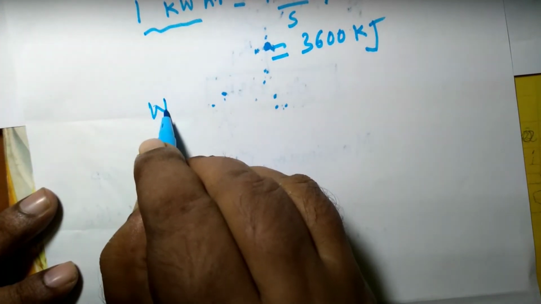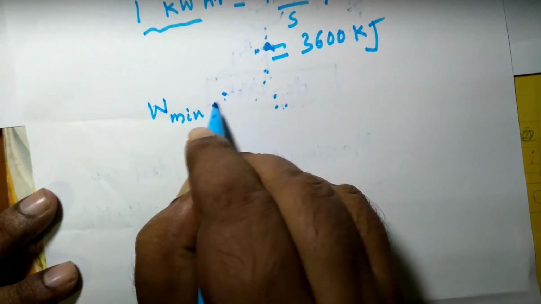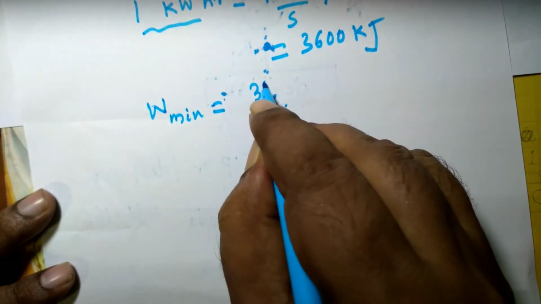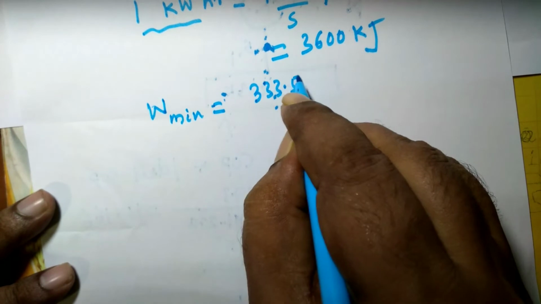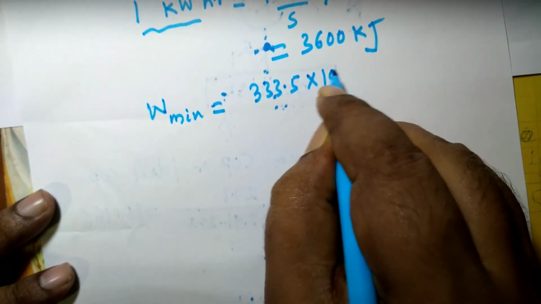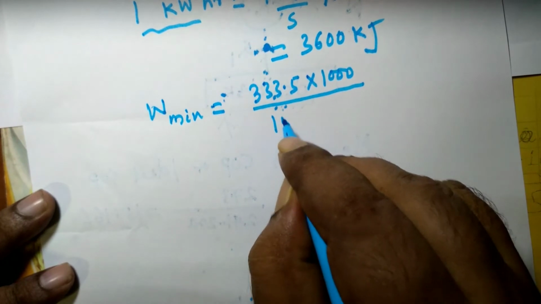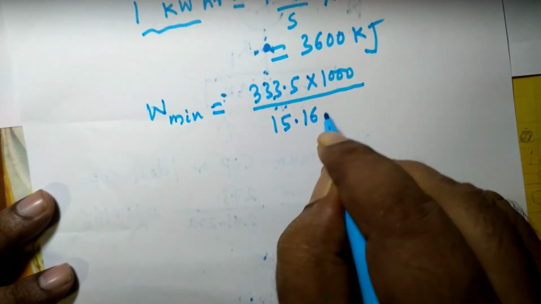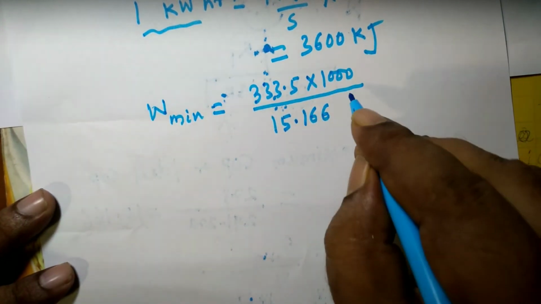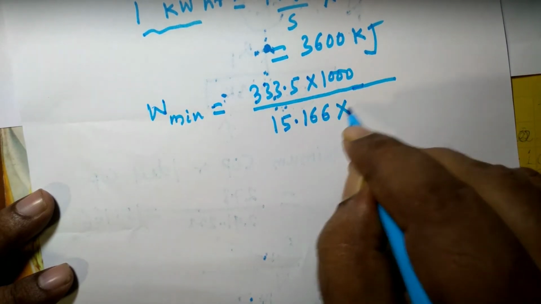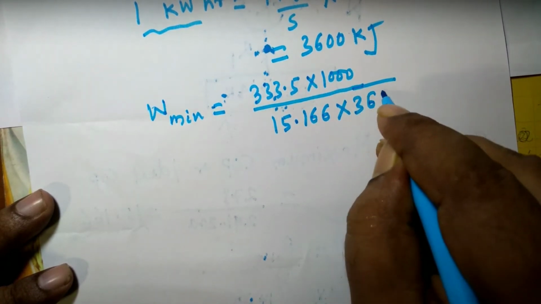So W minimum work input required is equal to 333.5 into 1000 divided by 15.166 into 3600.